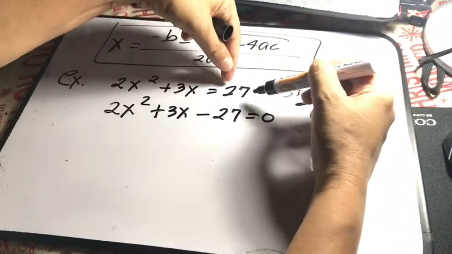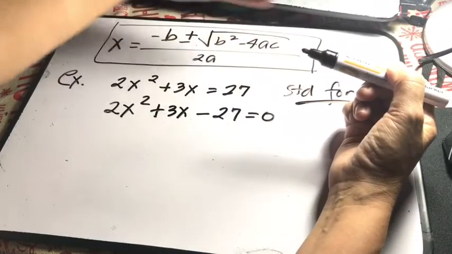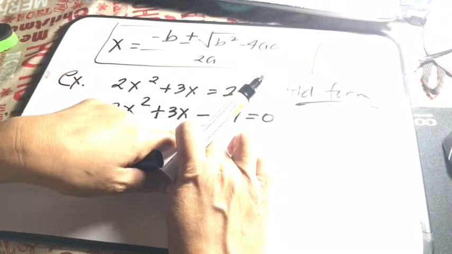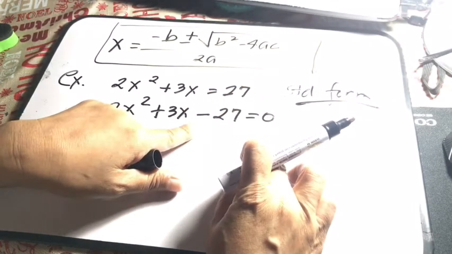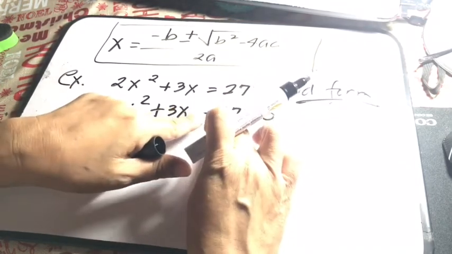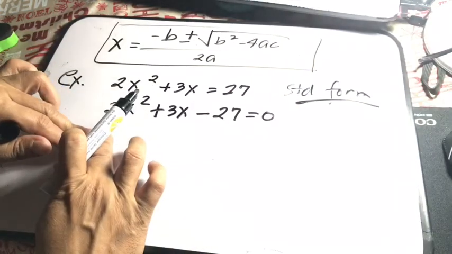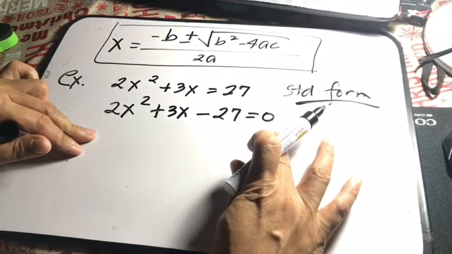Observe what happened to 27 when you transpose that to the other side of the equation. We have to change the sign following the addition property. So this is now already in standard form.